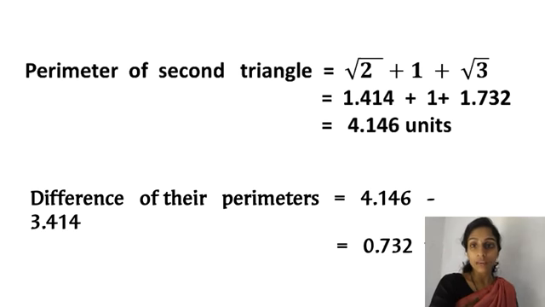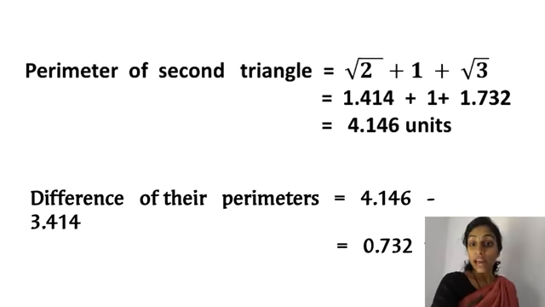What will be the perimeter? Yes, perimeter can be written as root 2 plus 1 plus root 3. And substituting the values of root 2 and root 3, we get 1.414 plus 1 plus 1.732, which can be written as 4.146 units.